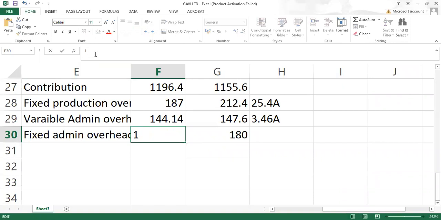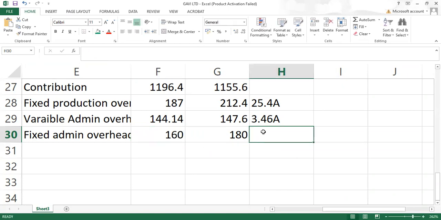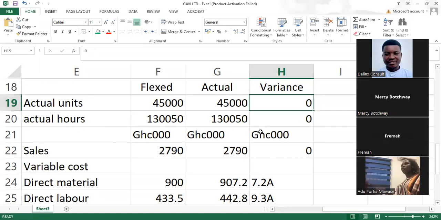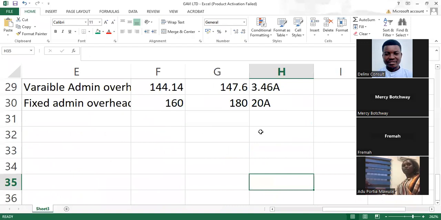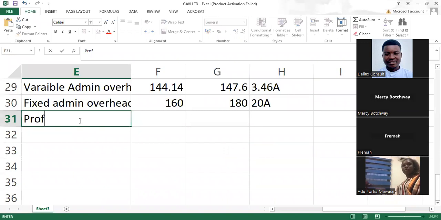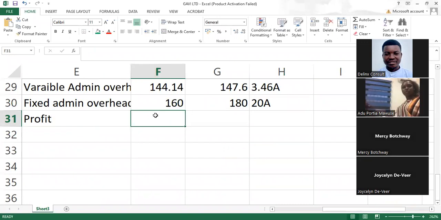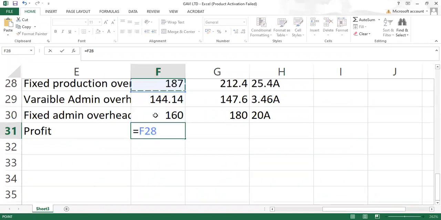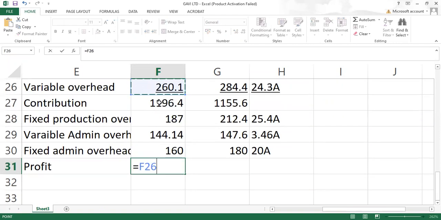And what is happening? Are we spending more? Yes, we are. So right now, let's find our profits. Our profits will now be this minus this minus this minus this.